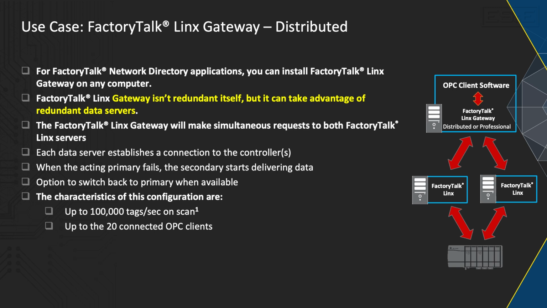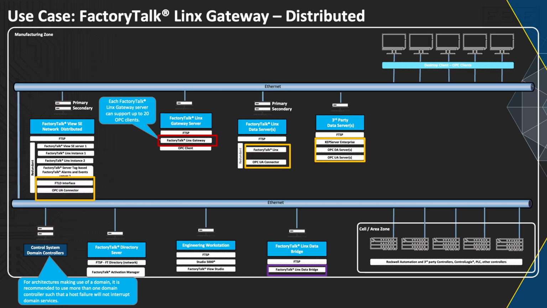Now, Links Gateway can be built in a distributed environment, and we can also configure the Links Gateway to where you've got redundant link servers, right? And the purpose of redundant link servers, if this one drops off, I still have this one being able to give me data, right? I'm putting FactoryTalk Links Gateway up top, and it's able to determine which one's live and talk to the one that's live.